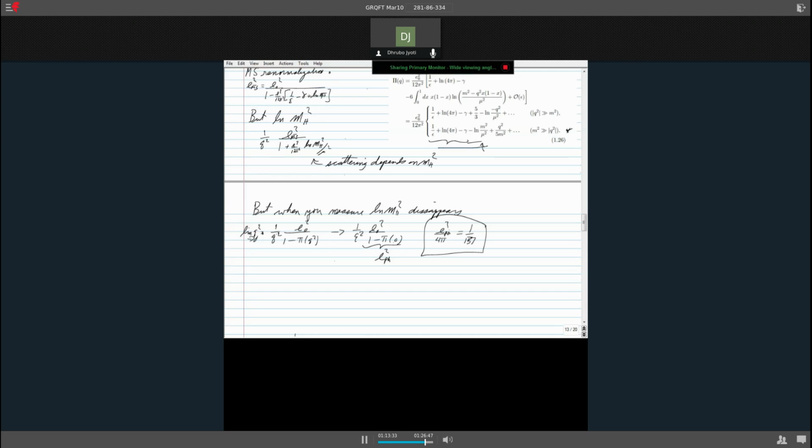It doesn't. Okay, and the basic reason is that the MS bar is not what you measure. You actually measure the zero momentum. When you measure, it disappears.